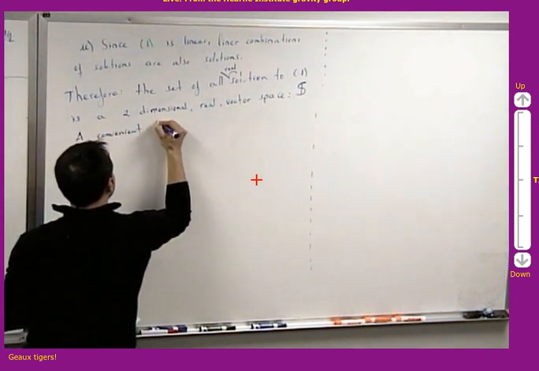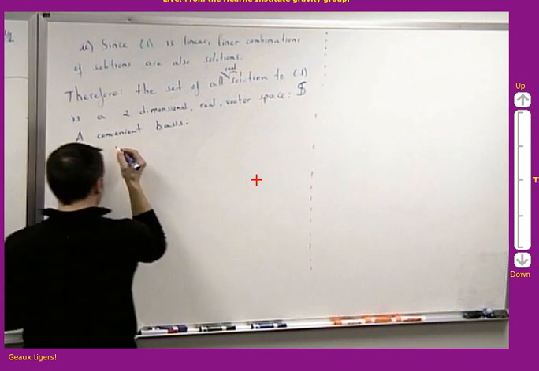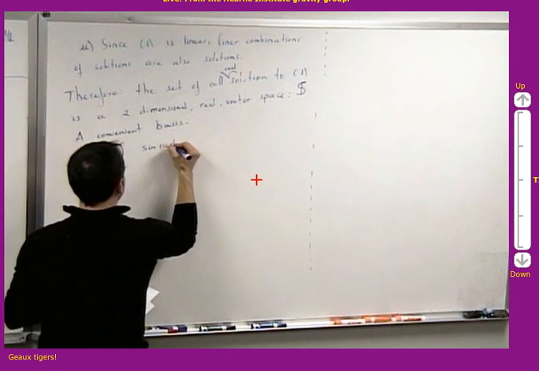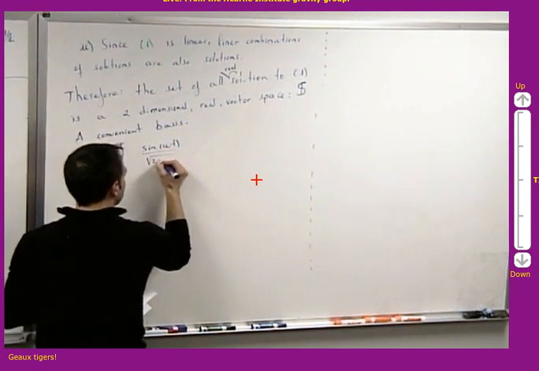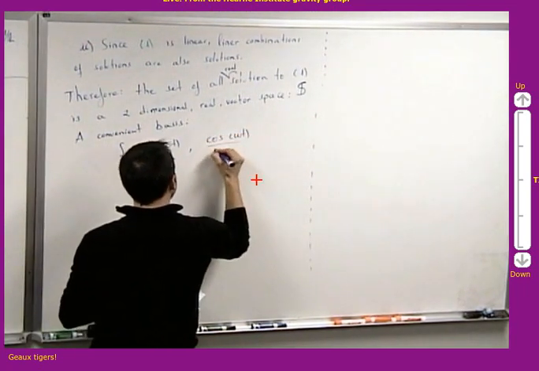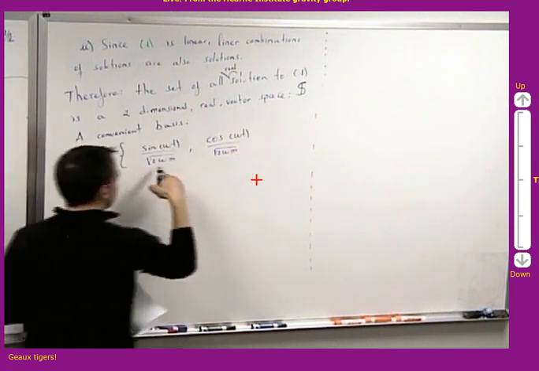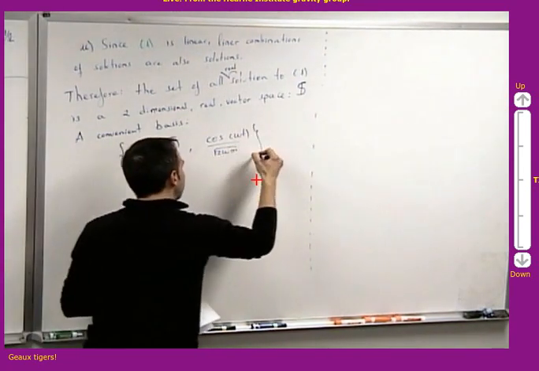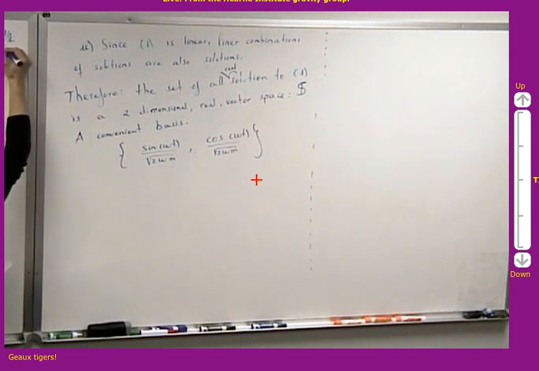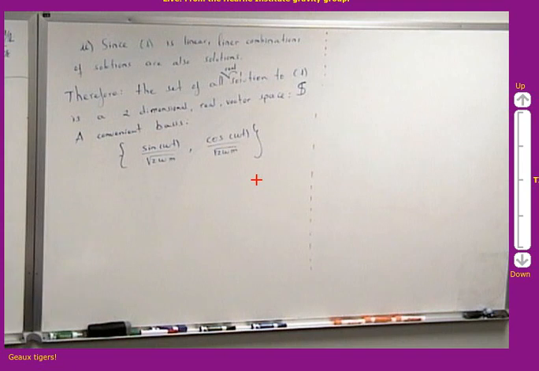A convenient basis can be written as follows. If you take, for instance, sine of omega t divided by the square root of 2 omega m, and cosine of omega t divided by the square root of 2 omega m. This square root of 2 omega m is just for convenience later on to provide nice dimensions. I can tell you that 1 over the square root of omega m has dimensions of the square root of length over energy.